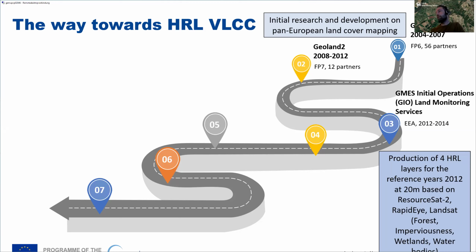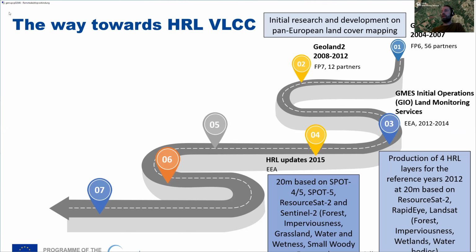Of course, there was no Sentinel-1 or 2 at that time. So this was still done with Resourcesat-2, an Indian remote sensing satellite complemented by RapidEye and Landsat, to map the first 4 layers: forest, imperviousness, and wetland and water bodies at the time at 20-meter resolution.